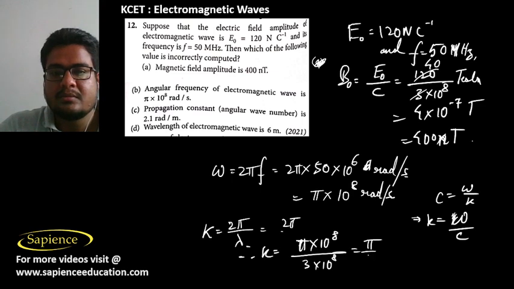That is equal to pi by 3, or I can say 3.14 divided by 3, that is approximately 1.05 radian per meter.